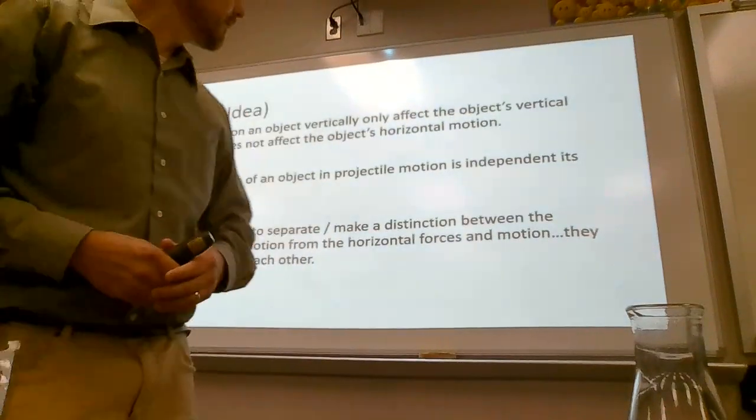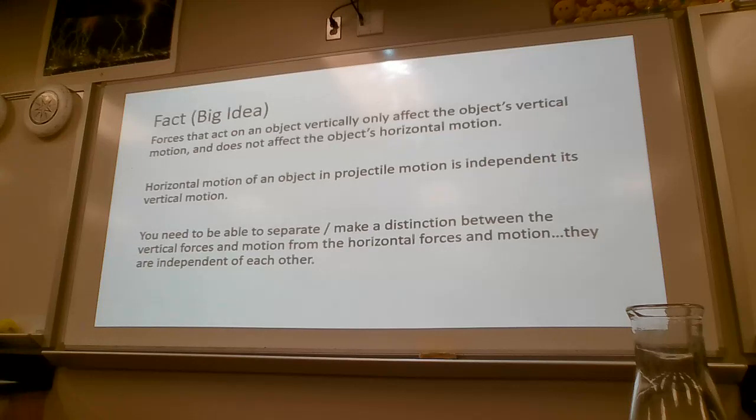Because they're independent, we need to separate out their variables, making a distinction between how something is moving horizontally and how something is moving vertically. It's a big idea that will carry through this chapter and the next. Horizontal motion is independent of vertical motion.